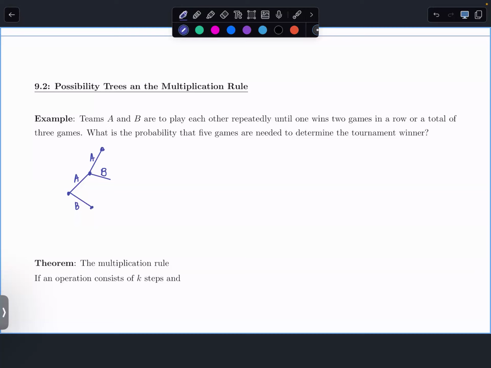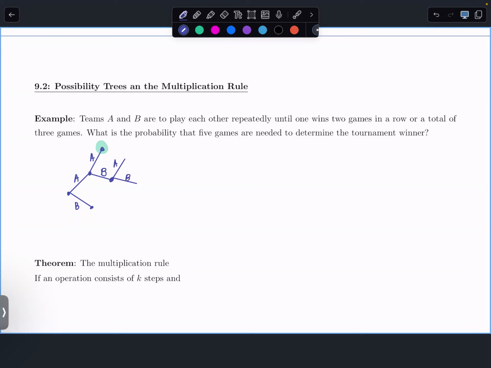Now, what is true about that very top thing? That's the end of that branch, because A won 2 games in a row. Okay. So if B won that second game, though, then A or B could win the third one.